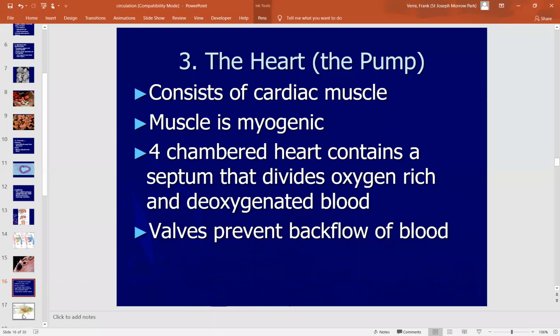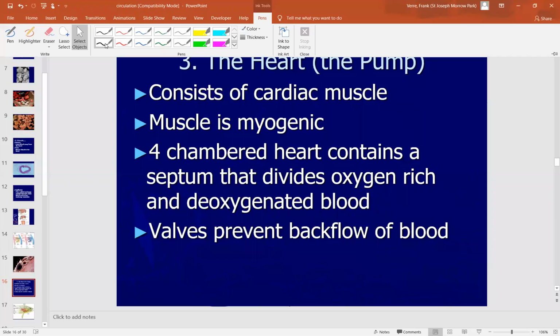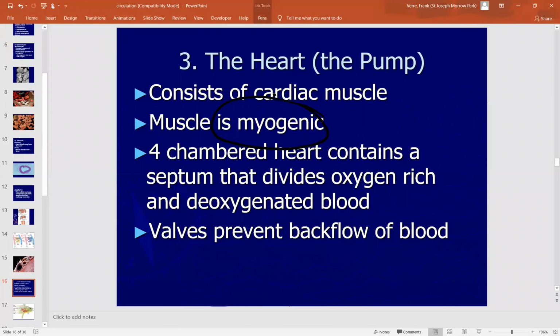Actually, I should mention one thing. I will mention what this means. This is kind of a cool term, so I will mention it. The heart is actually referred to as myogenic, and what that means is that it actually can generate its own contraction. Now, if you remember, we talked about different types of tissue.